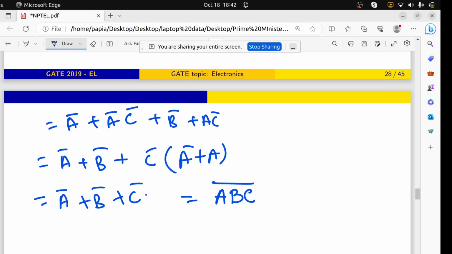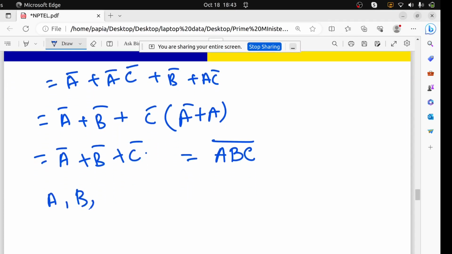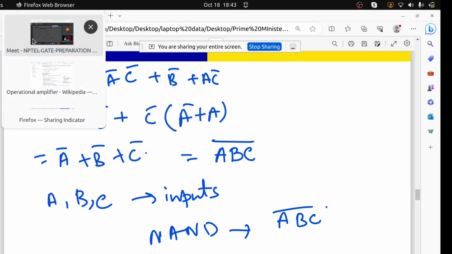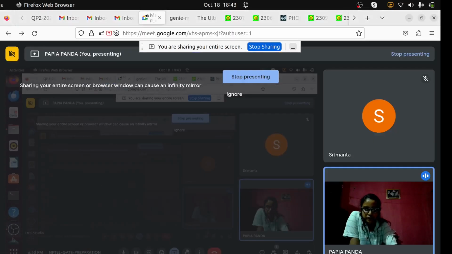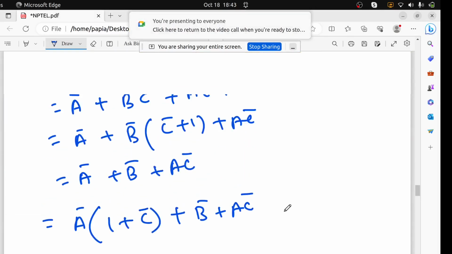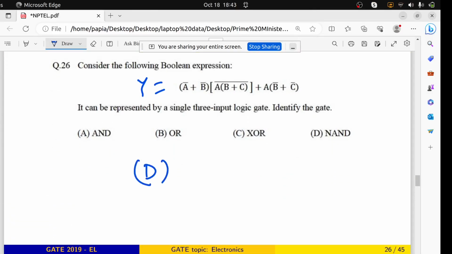So if it is (A B C) whole bar, then this is nothing but a 3-input NAND gate, because A, B, C are the three inputs, and for a NAND gate, we write ABC whole bar. Can you understand? So the answer is NAND gate, ABC whole bar. So the answer will be option D.